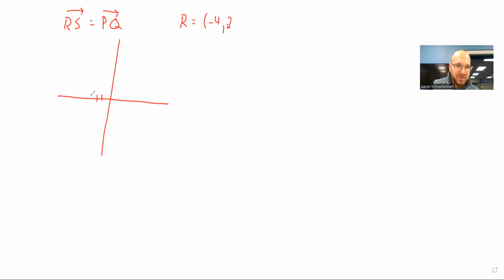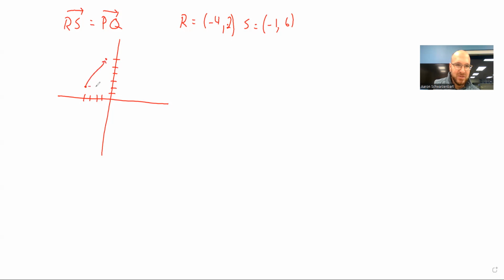So I'm going to go plot that. And S is equal to -1, 6. So the vector here is this.